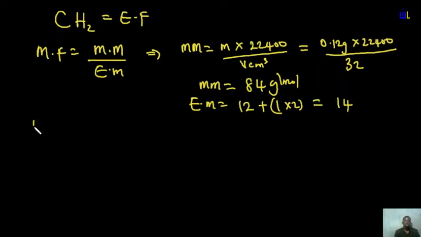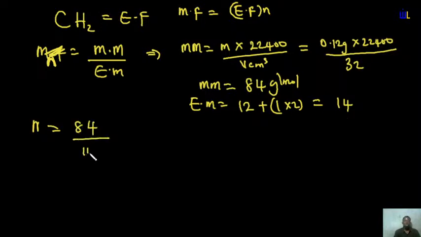Now, let's get to work. Sorry, this is not the molecular formula. This is simply to find n. So remember, molecular formula is equal to empirical formula multiplied by n. So n will be equal to the molar mass we just got, 84, divided by the empirical mass, which is 14.